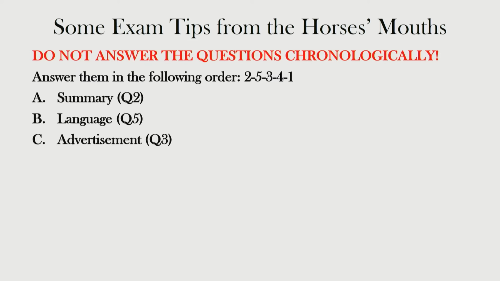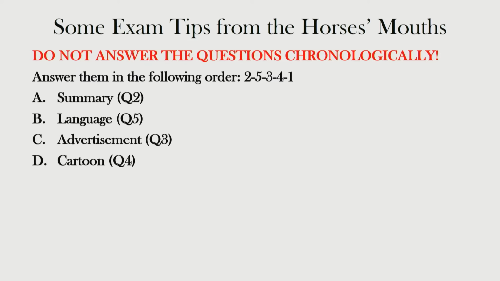Okay, third, advertisement. Question 3. Normally the results on an advertisement are fairly good, right? So that's where you go. Fourth, the cartoon, which is of course question 4. Now there it already gets quite tricky, but even so, as a general guide, it's also one of the highest scorers.